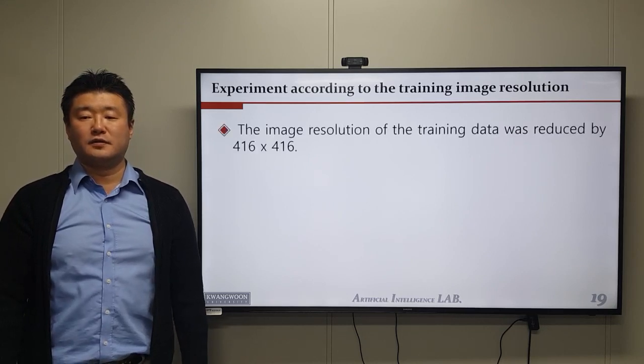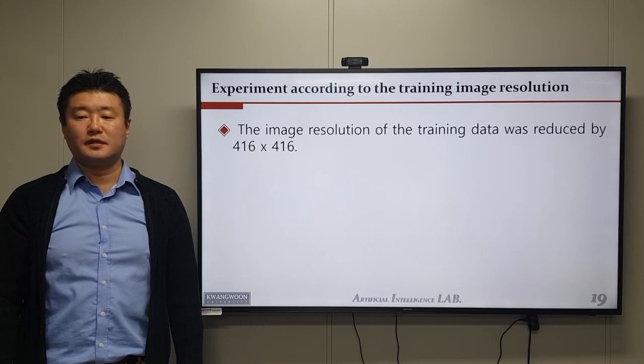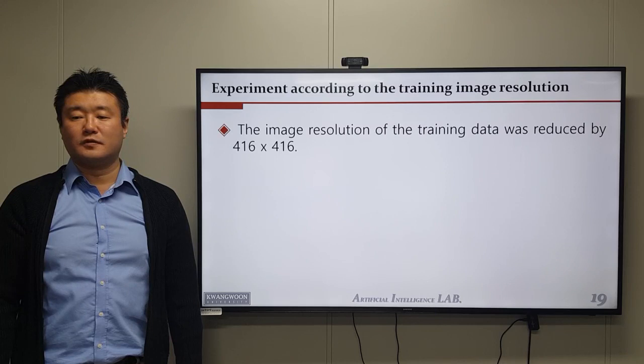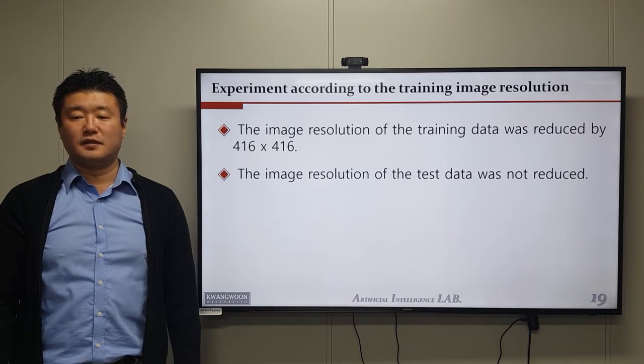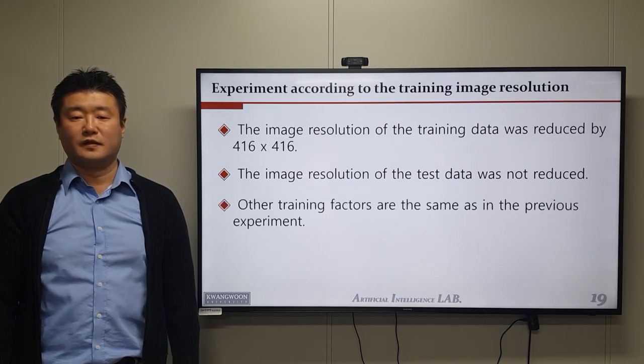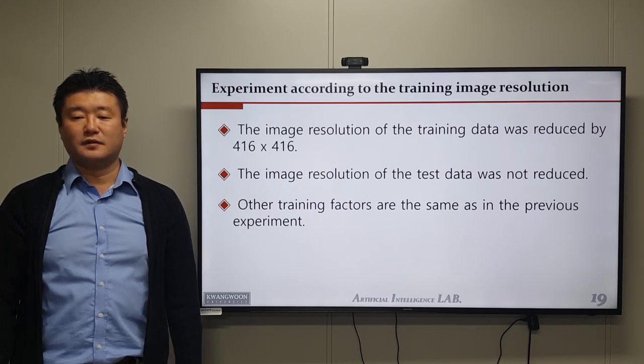We trained by reducing the resolution of the image. The image resolution of the training data was reduced to 416 by 416. The image resolution of the test data was not reduced. Other training factors are the same as in the previous experiment.